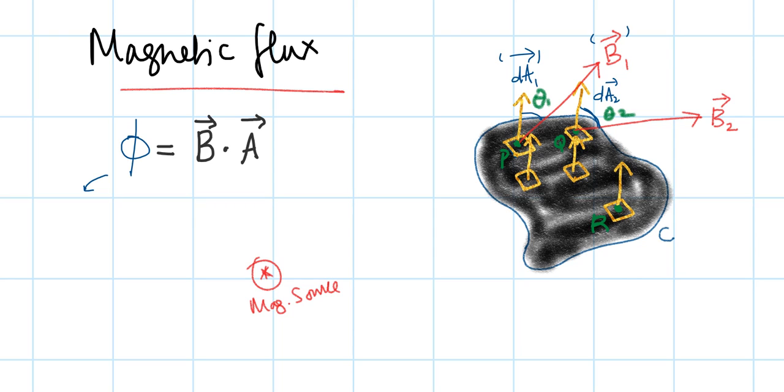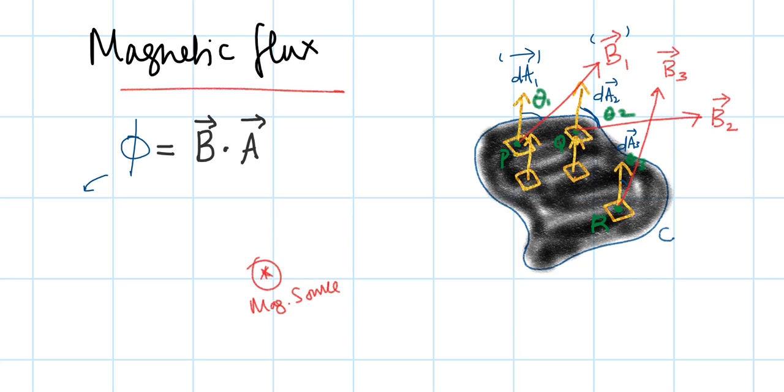And let the magnetic field at R be say in this direction, and let me call it B3, and let that area vector be called dA3, and the angle between them be some theta 3.